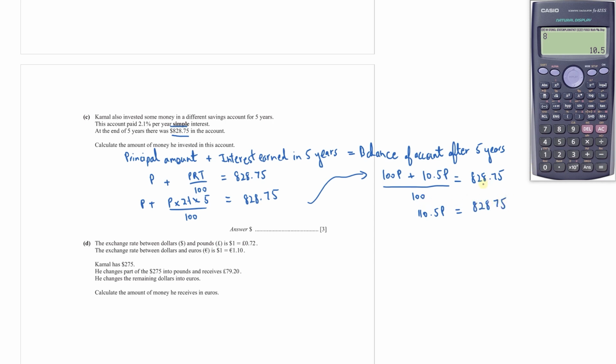If I take this 100 to the other side, then P will be this divided by 110.5. So 828.75 divided by 110.5 is 750. So the initial principal investment that Kamal made in this savings account was $750.